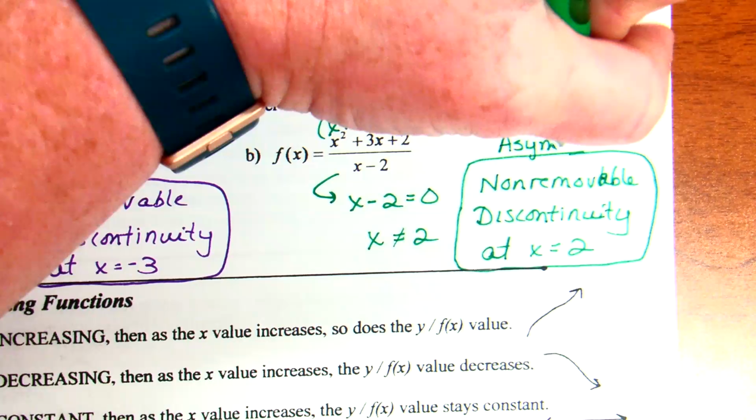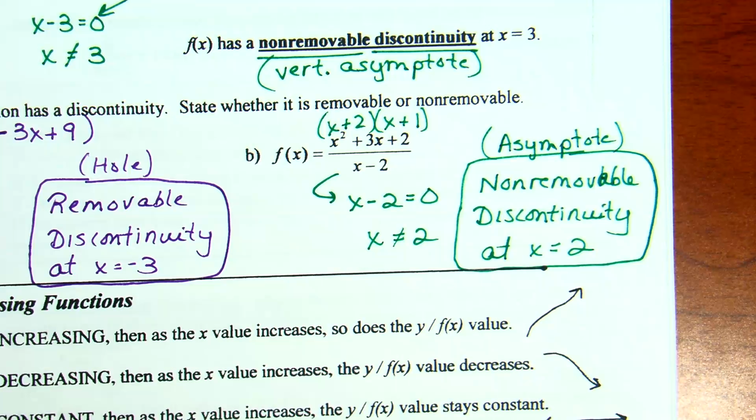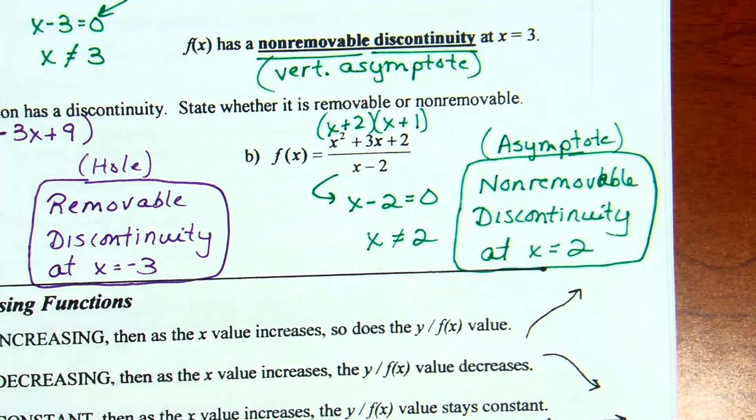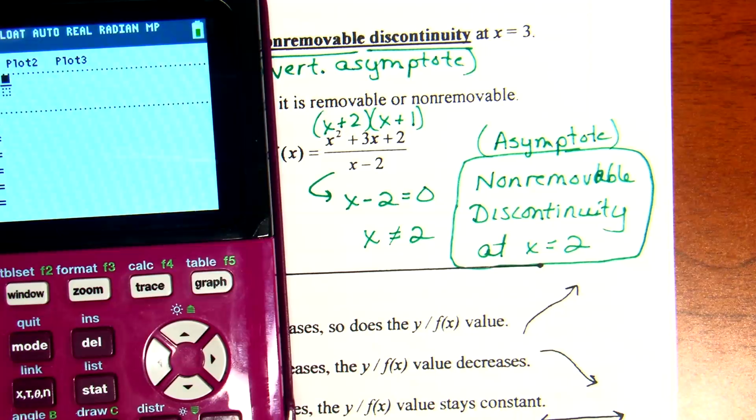I just realized I skipped over graphing the last one, didn't I? It's okay. We don't need to do that. Well, and here's the deal. I'm just confirming it in all honesty. Okay.